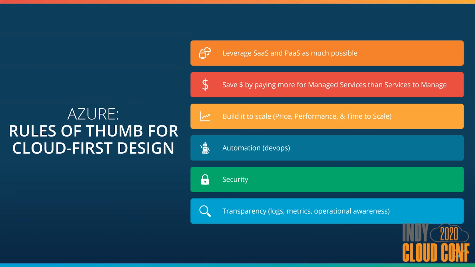It's better to be able to click those checkboxes, pay an extra $10 a month for it, and leverage somebody else's expertise. So be willing to pay a little bit more for a managed service, and it may actually save you a lot of money in the long run.